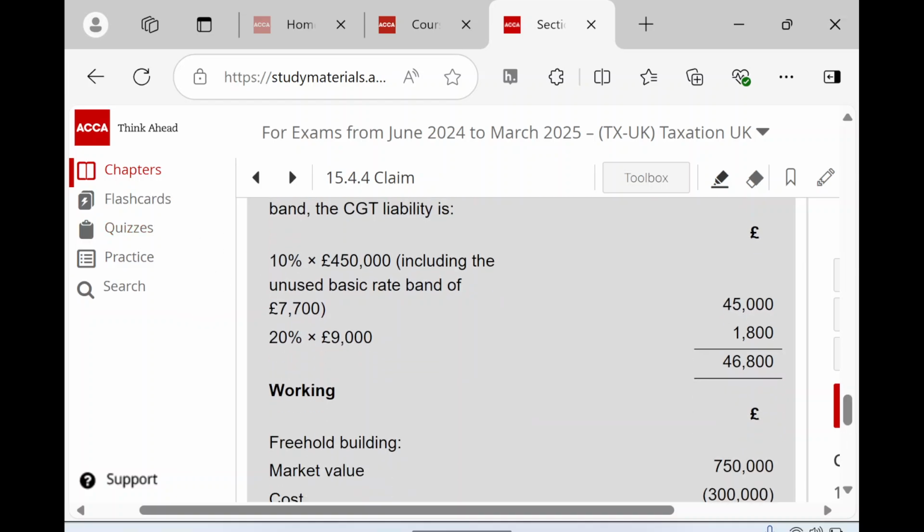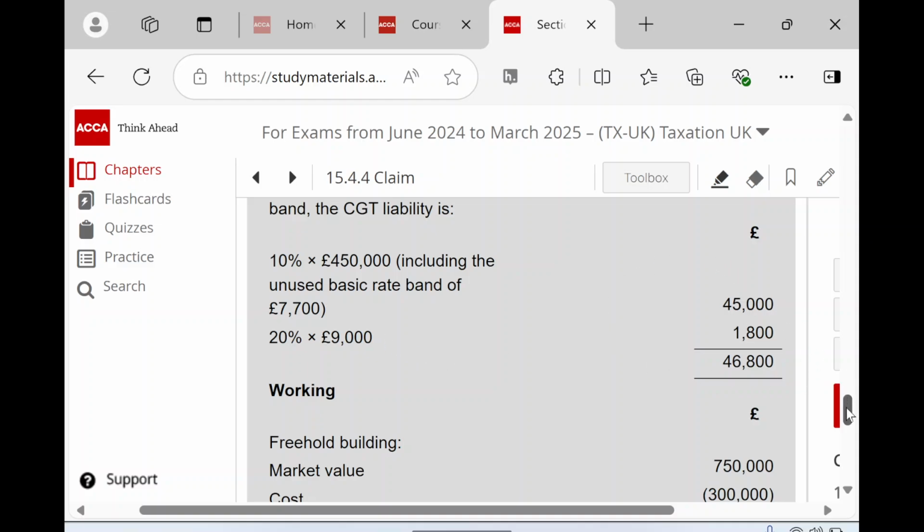So 10% on 450, absolutely, yeah. Note, including the use of the basic rate band. So there's the tax element. And 20% on 9. Why? Because there's no basic rate band. It's been used up by this very large and significant eligible gain. Okay? So there's the tax.